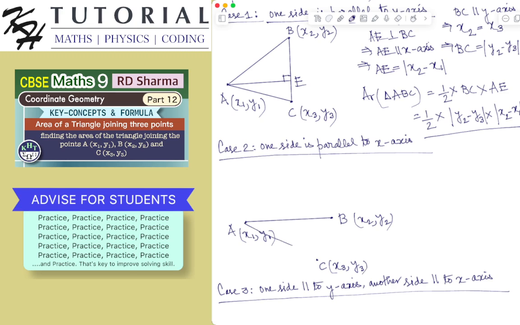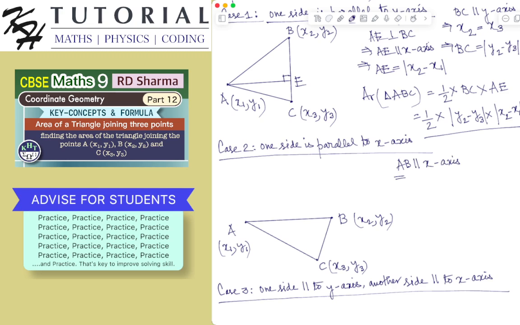So this is the triangle ABC. We have considered the side AB to be parallel to the x-axis.